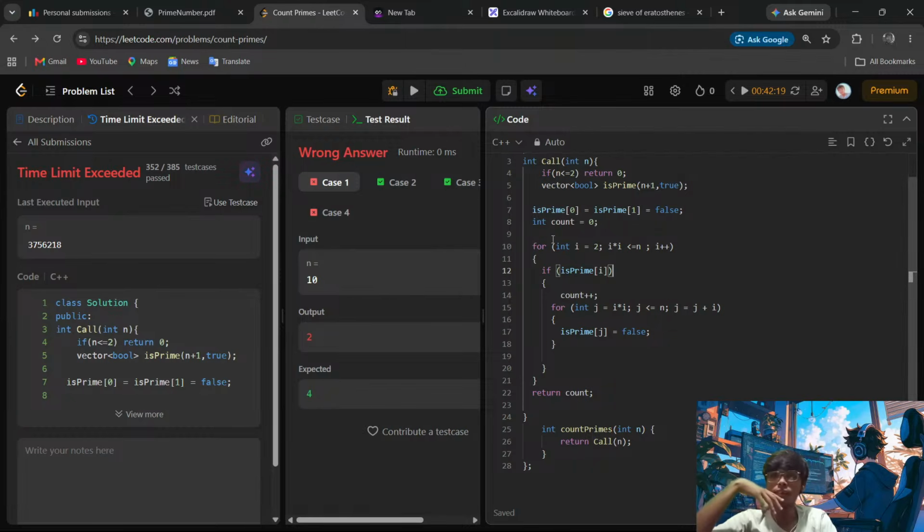Ah, same problem. Test case of 352. Yeah. Wait a moment. I've done something wrong.